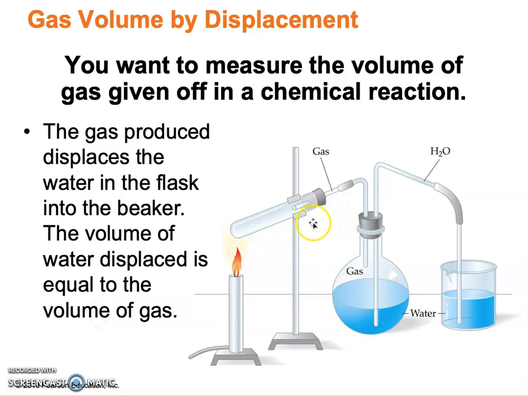You see, when the gas is formed in this test tube, it pushes into the flask, some of the water gets pushed out, and it goes into this beaker. So the change in the volume of water in this beaker is the volume of the gas that displaced water in this flask. That's how you determine the volume of the gas from this tube.